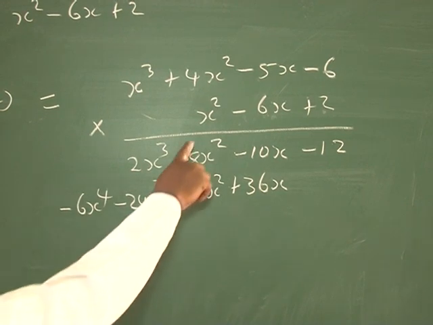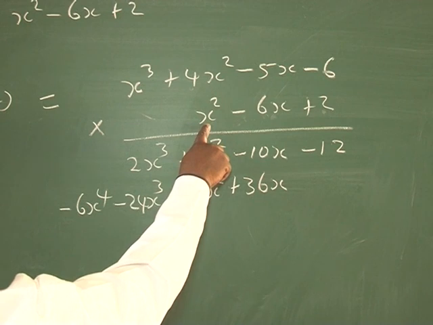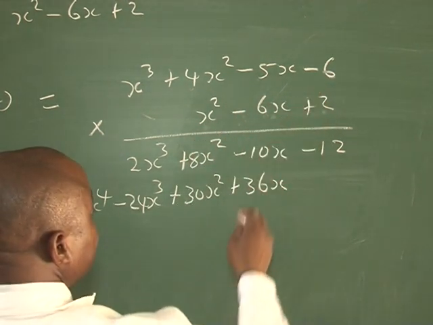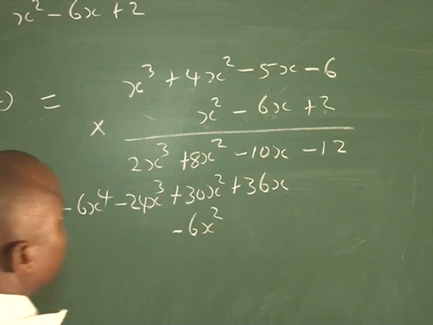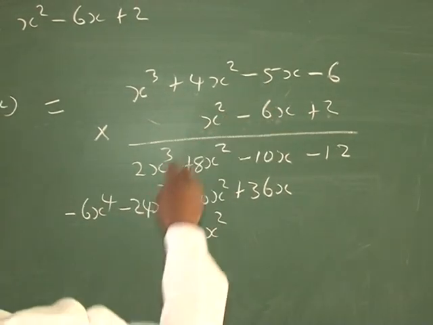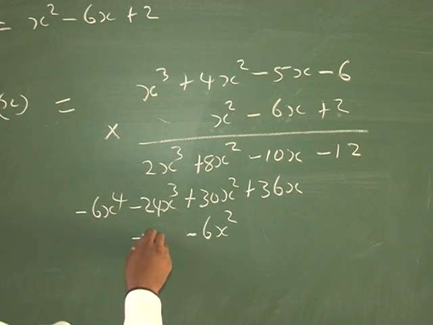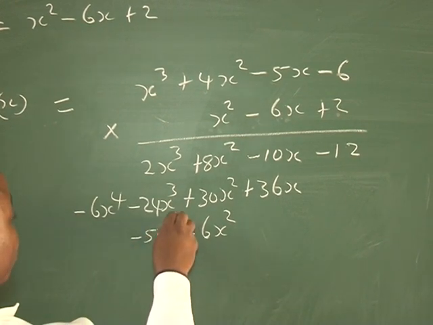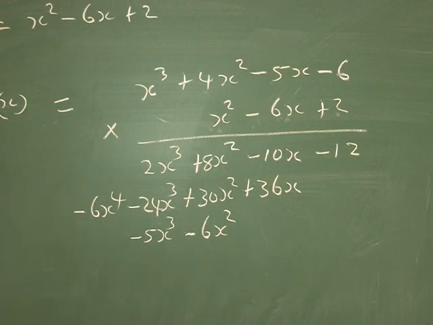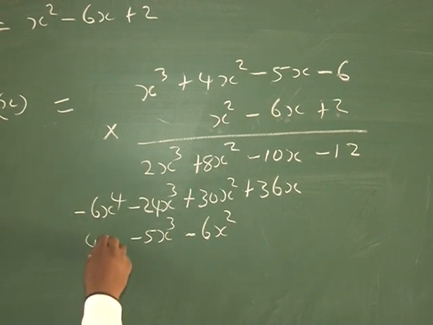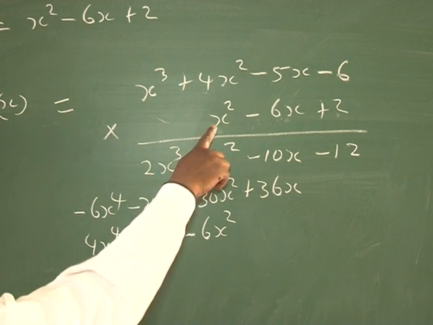Now we'll go with this. X squared times minus 6 give us minus 6x squared. X squared times minus 5x will give us minus 5x cubed. X squared times 4x squared will give us 4x raised to the power 4.